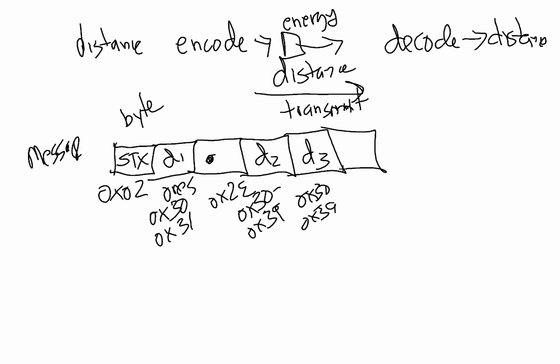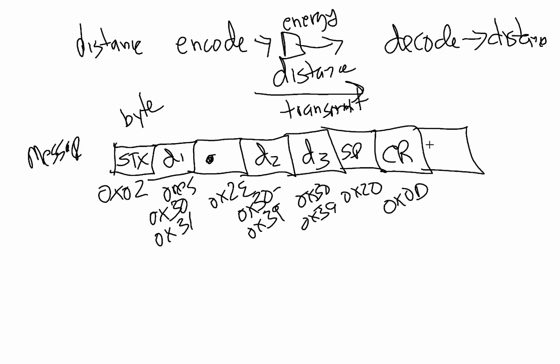We're going to send a space, which is a 20. We're going to send a carriage return, 0x0D, that's a 13. These are each bytes, and we've got one more. We've got an end of transmission, which is going to be a 0x03. And so we see that we are going to have 8 bytes.